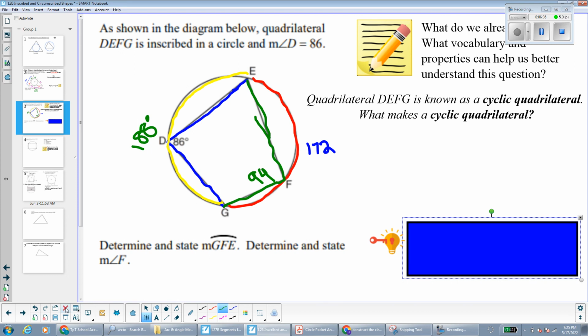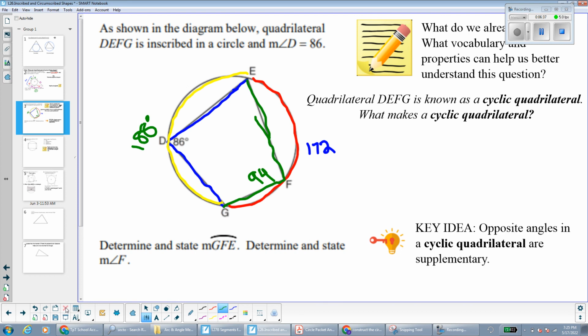One property of cyclic quadrilaterals is the property that we just saw here, that opposite angles in a cyclic quadrilateral are supplementary. And the exact technical definition of a cyclic quadrilateral is a quadrilateral that can be circumscribed.